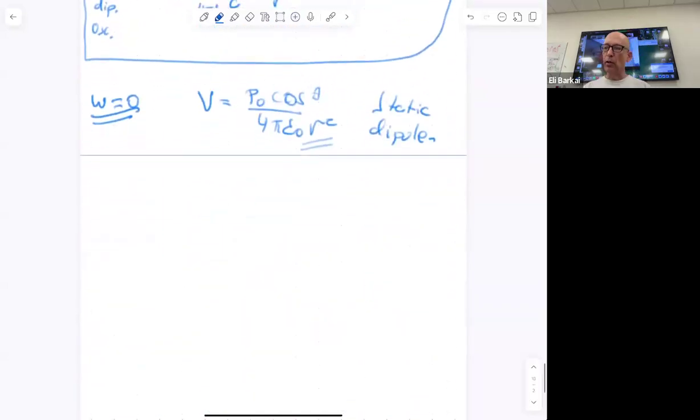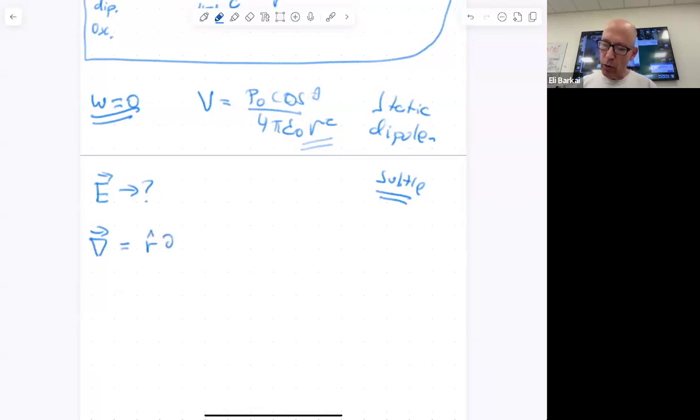Now, there is another subtle remark. What we actually want to calculate is E. And so this is a little subtle, not really very subtle. I'm not going to calculate E right now. I'm going to do it later.